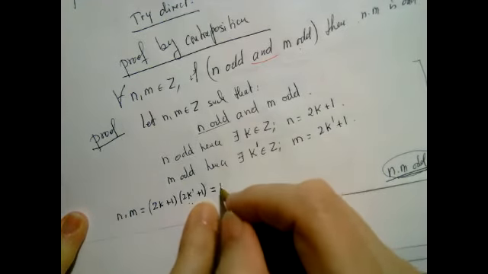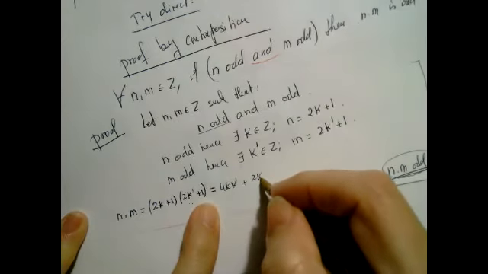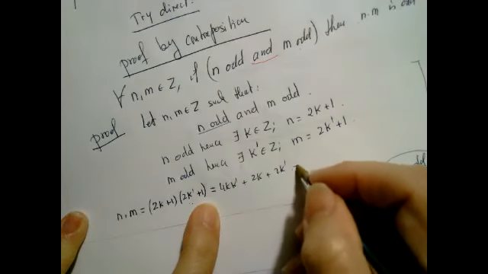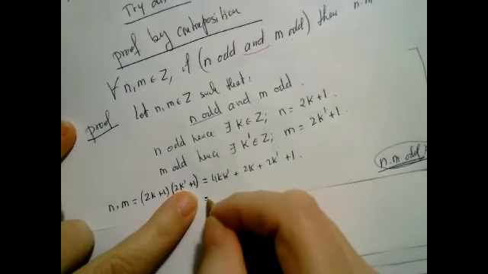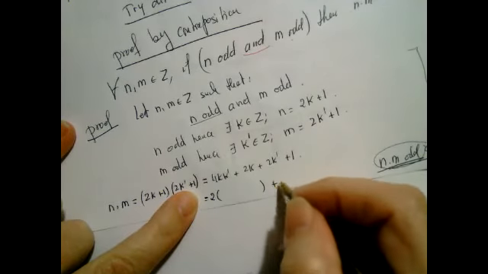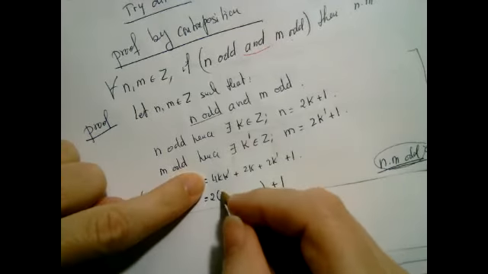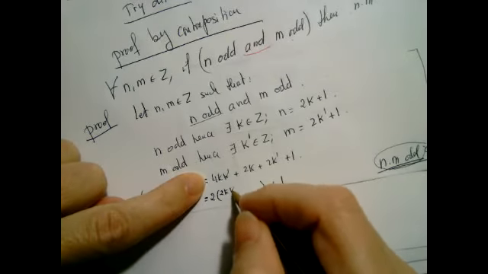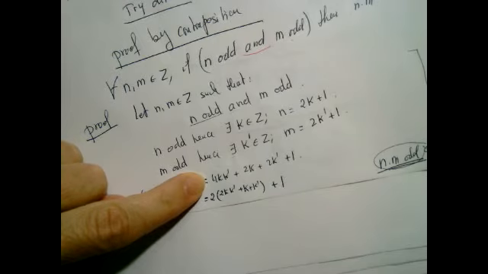So it's going to give me 4kk prime plus 2k plus 2k prime plus 1. Okay, so now we're going to write it as 2 times an integer plus 1. But my integer now is very clear. It's 2kk prime plus k plus k prime.